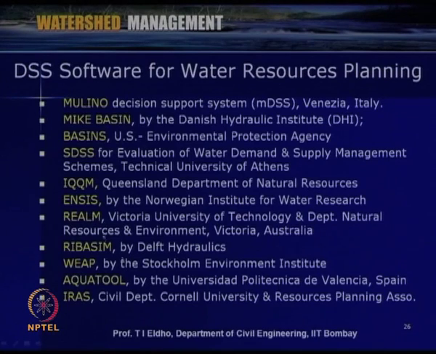Some of the important softwares I have listed here, like the Mulino decision support system from Italy, then MIKE BASIN from DHI, BASINS from US EPA, then SDSS from Technical University of Athens, then IQQM from Queensland Department of Natural Resources, then NIVA, the Norwegian Institute of Water Research, RILM from Australia, RIBASIM by Delft Hydraulics, WEAP by Stockholm Environment Institute, AquaTool, IRAS.